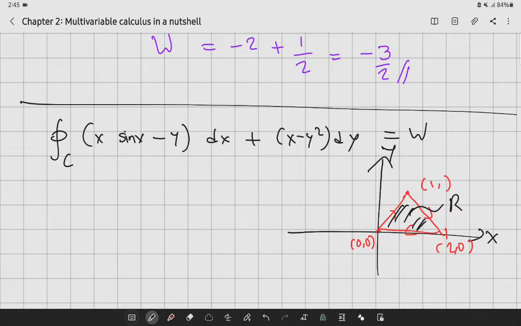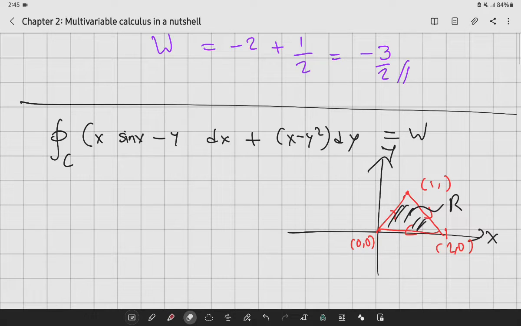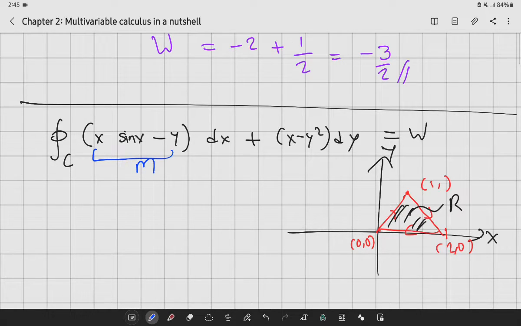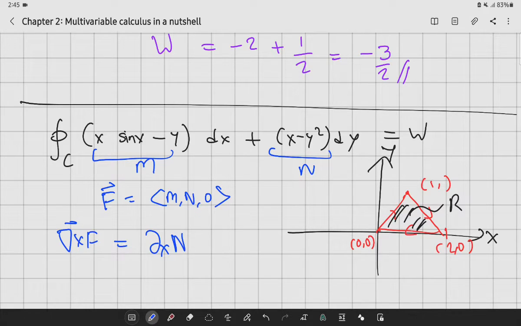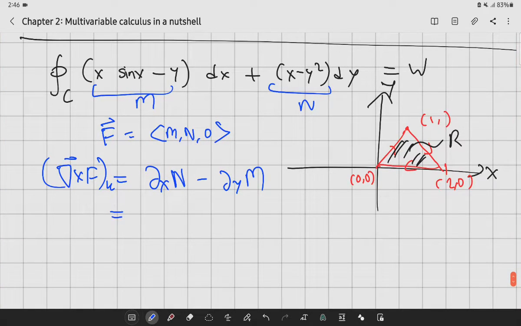First thing you do while applying Green's theorem is to consider that this is a field. This is M, this is N, and F is equal to M, N, 0. The curl of F, that's how I remember it, partial x of N minus partial y of M is the k component.